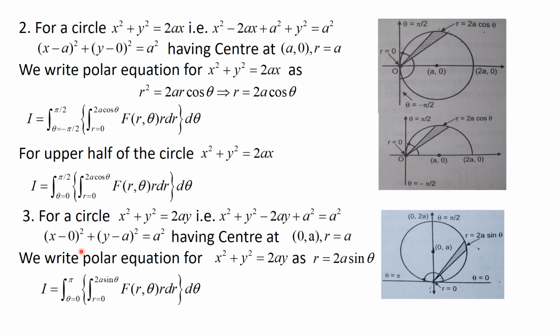So we use the conversion for the given integral from xy to r theta, where the limits are r equal to 0 to r equal to 2a sin theta, where theta varies from theta equal to 0 to theta equal to pi. If we are considering only the first quadrant, the value of r remains the same, r equal to 0 to r equal to 2a sin theta, but theta varies from theta equal to 0 to theta equal to pi by 2.